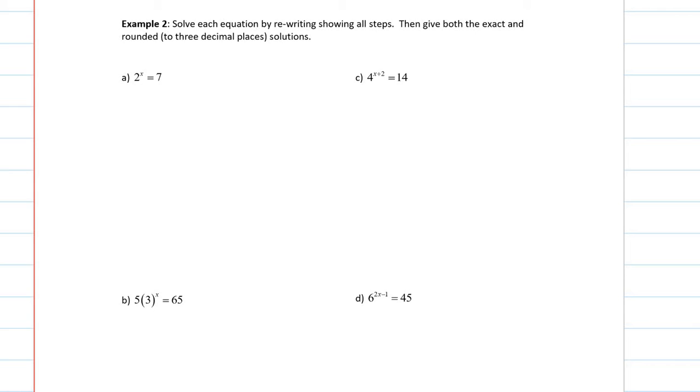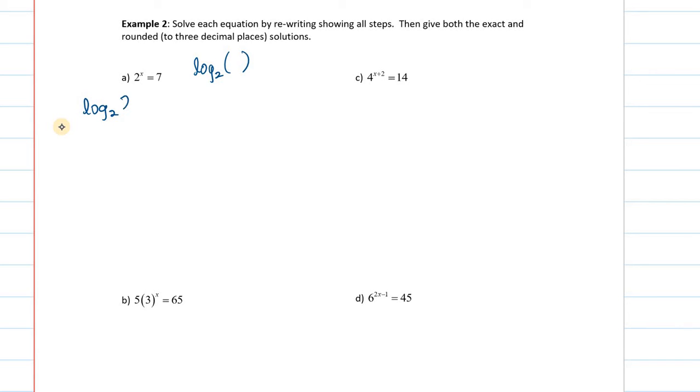So if we start with A, in this case, I have something raised to an exponent, and in order to solve it, I need to get the x out of the exponent. So I'm going to use the inverse property in order to undo that exponent. And what that means is that I'm going to take the log of both sides with the same base that is provided. So I'm going to take the log base 2 of both sides of the equation.